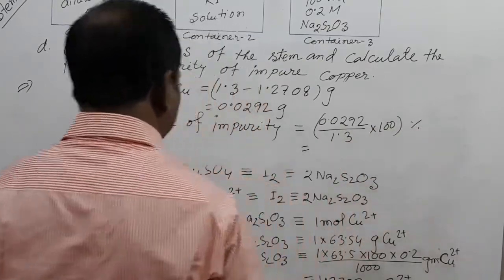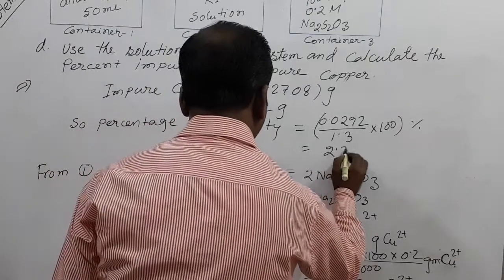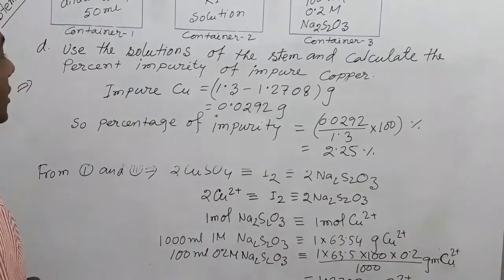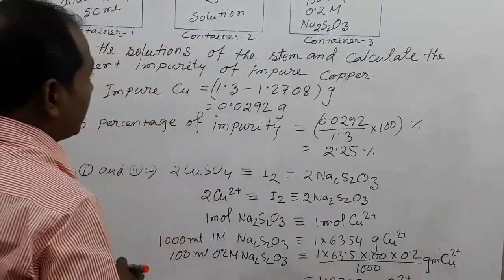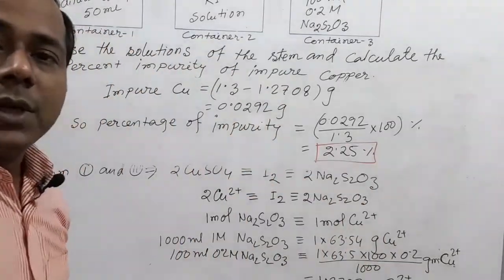That means the answer is 2.25%. So the impurity of copper is 2.25%.